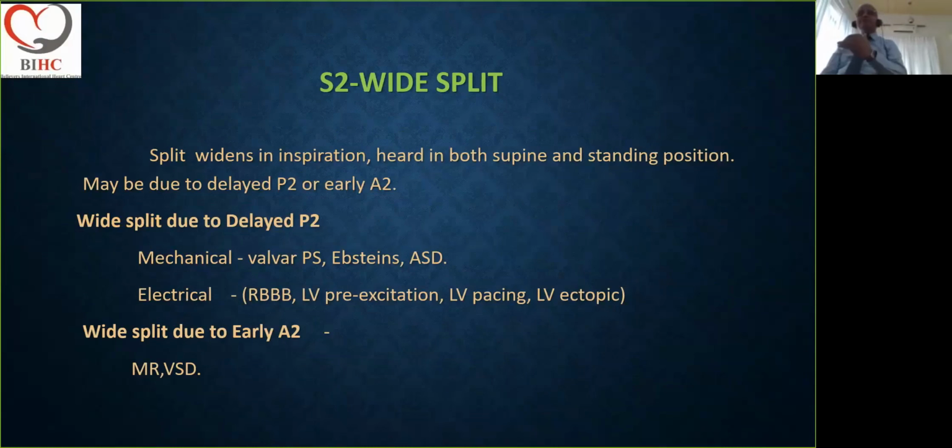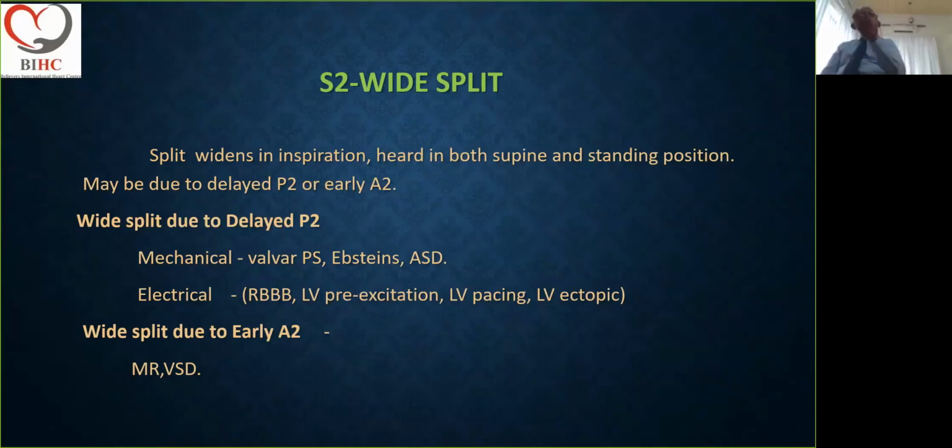If you pace the left ventricle, the same thing happens. If there is an ectopic beat, a ventricular ectopic beat arising from the left ventricle, the same thing happens. So a wide split can be due to a delayed P2 in all these reasons. It can also be due to an early A2 if you have an extra smart LV which is trying to finish its contraction earlier. When would the LV do that?